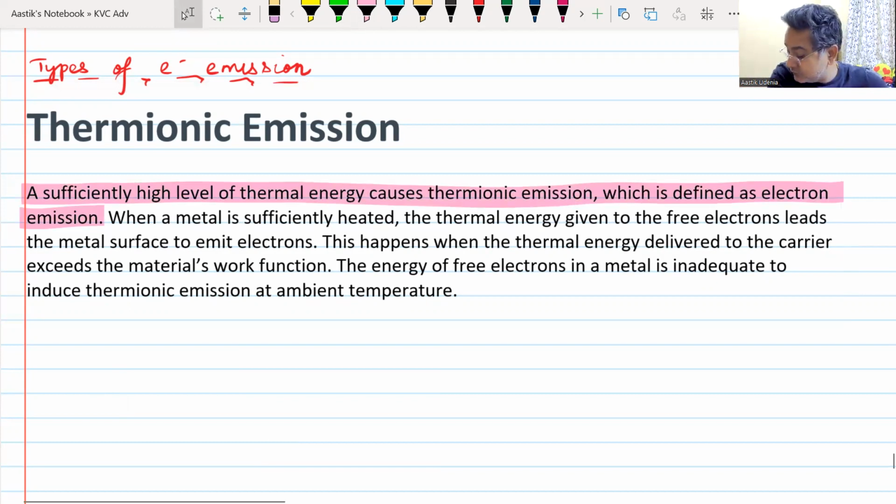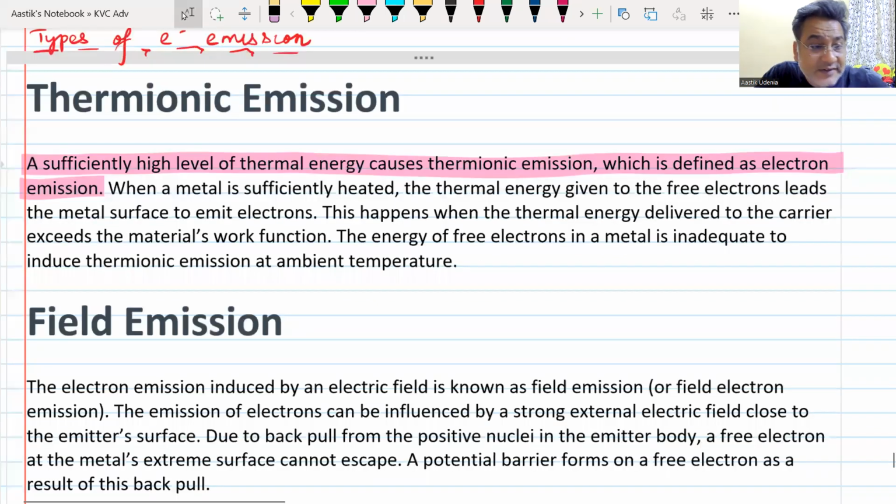Now, what could be the next type of electron emission? What is the other way in which you can give these electrons energy so that they can leave the metal surface? The second type of emission is known as the field emission. What do you mean by field emission?